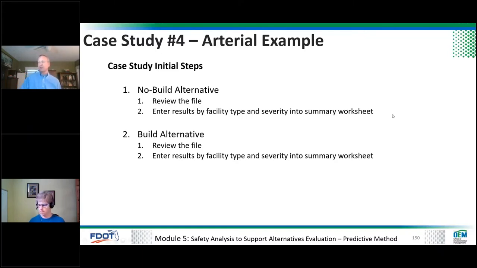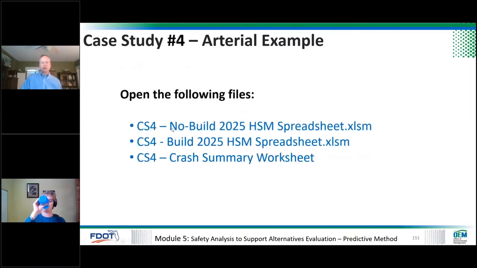So go ahead and open up the 3 case study files. The names are here on the screen: No Build 2025, HSM Build 2025, and the Crash Summary Worksheet, all for CS4. So the No Build, let me get the right file here.